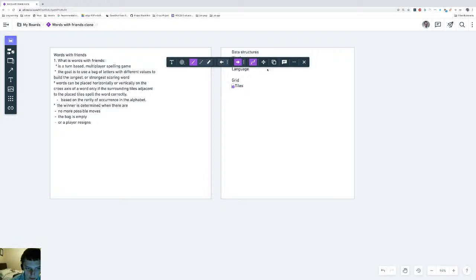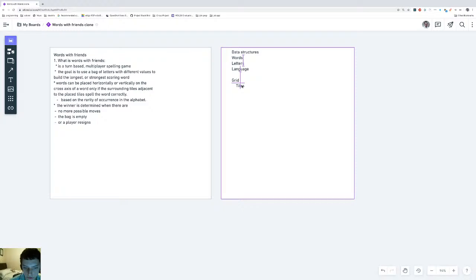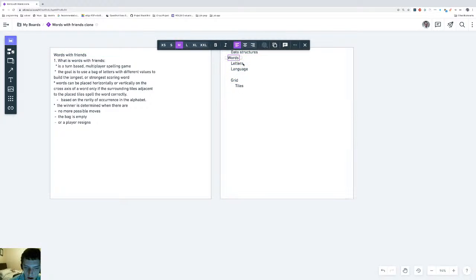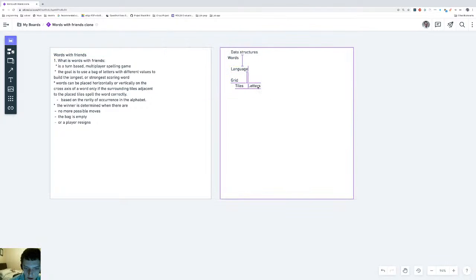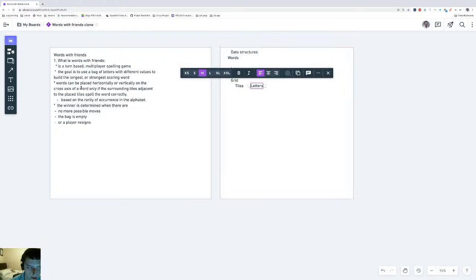We have a grid of tiles, and tiles contain letters.